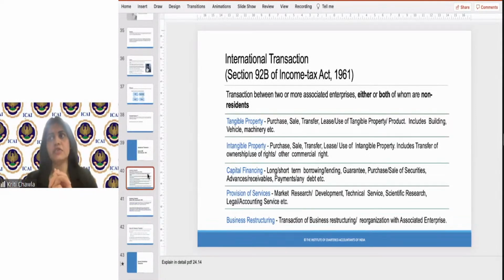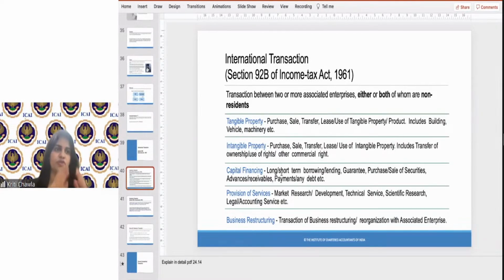Well, they say that if two enterprises are transacting with respect to tangible property, then this is going to be called an international transaction. What exactly are these transactions in tangible property? Well, these can be any transactions.